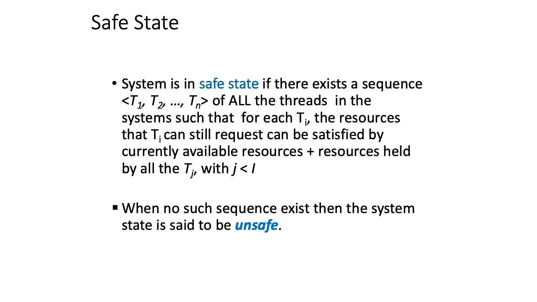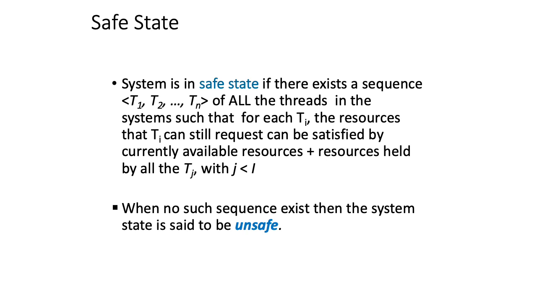So it's kind of an order of execution of the threads. We're trying to execute the threads in some sort of order that will prevent deadlocks from happening, that will maintain a safe state in the system.